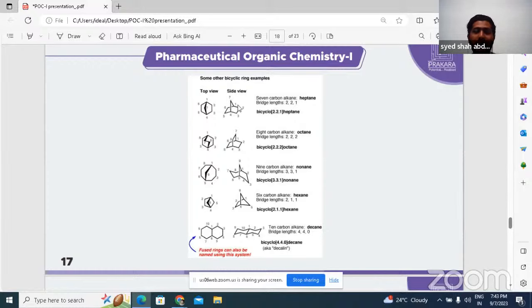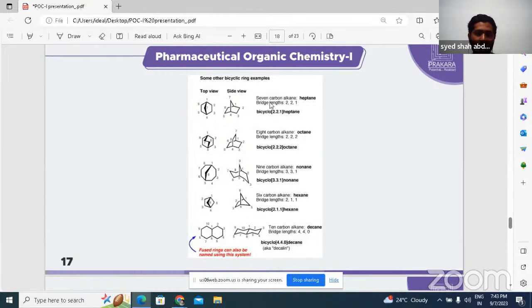Then we select that chain and give the numbers 1, 2, 3, 4, 5, 6. Okay, and the bridge, if it has one carbon, we give it the last number, 7. So it is a 7 carbon containing compound, which means that it is a heptane.